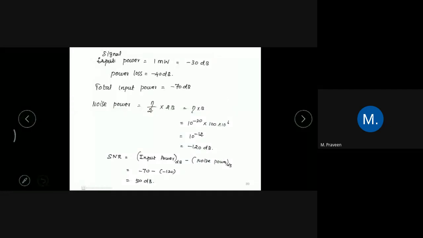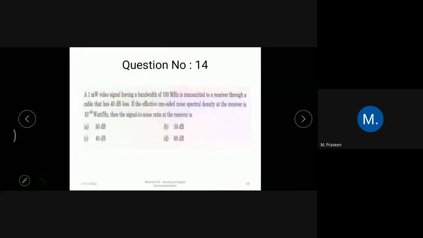Since log a by b is log a minus log b, I used that concept here. So SNR in dB is equal to input power in dB minus noise power in dB. Input power is minus 70 minus of minus 120, which is 50 dB. This is your SNR value for the given question.